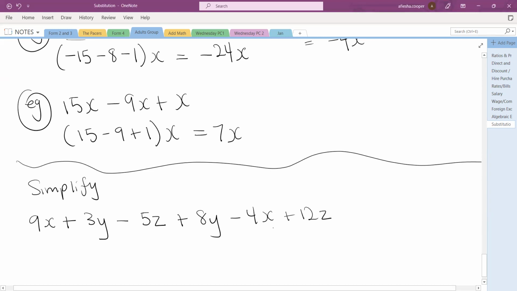So first of all, we know that they are not like variables. So what we have to do now is group our like variables. So there's a 9x, search through, and there's a negative 4x. So we write this first, 9x minus 4x. So we're grouping our like variables, right?